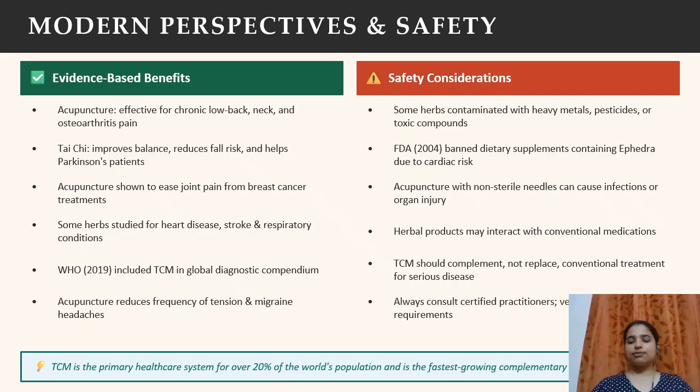But coming to the safety considerations, due to the cardiac risk, ephedra is used less now, and acupuncture with non-sterile needles can lead to infections or organ injury if not done properly. And again, if we use minerals or animal drugs, they can have contamination with heavy metals or pesticides.